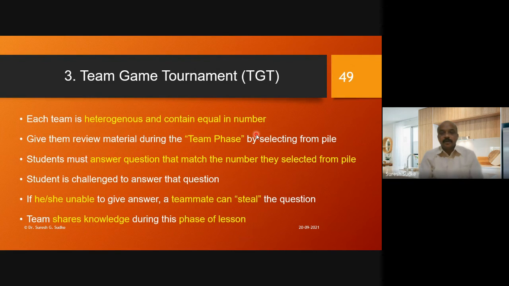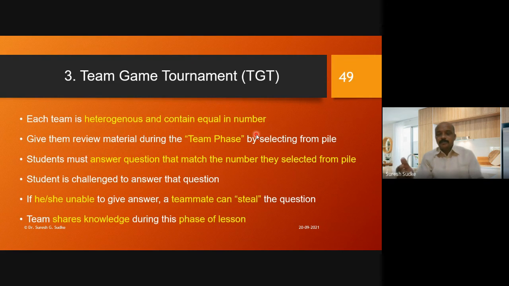So give the review material to the students in the team phase. Initially we provide them the literature, and now students are challenged to answer the questions that are selected by them from the pile. If that particular student, suppose A1, is unable to give the answer, then it shifts to the next student.